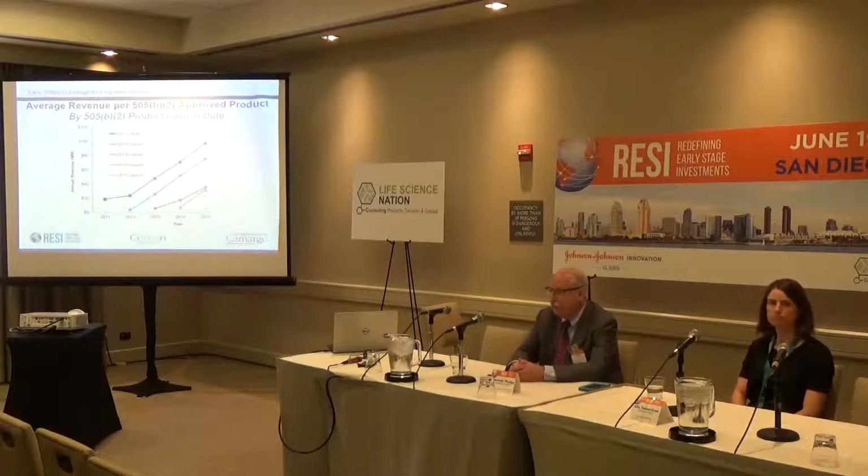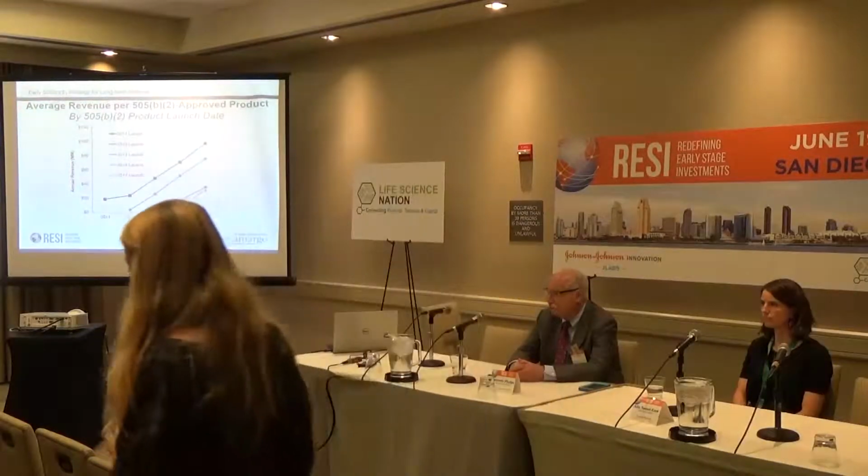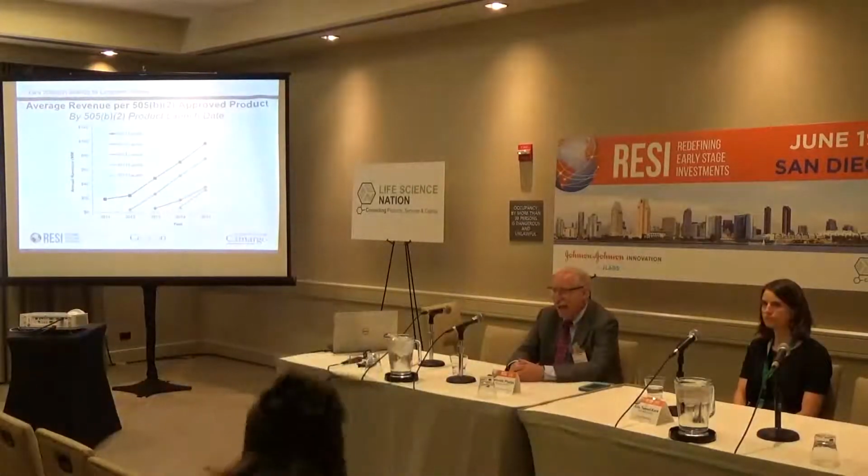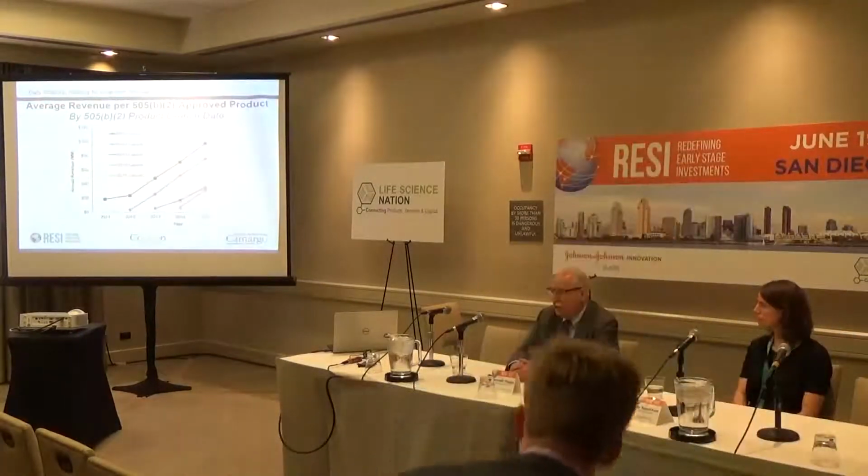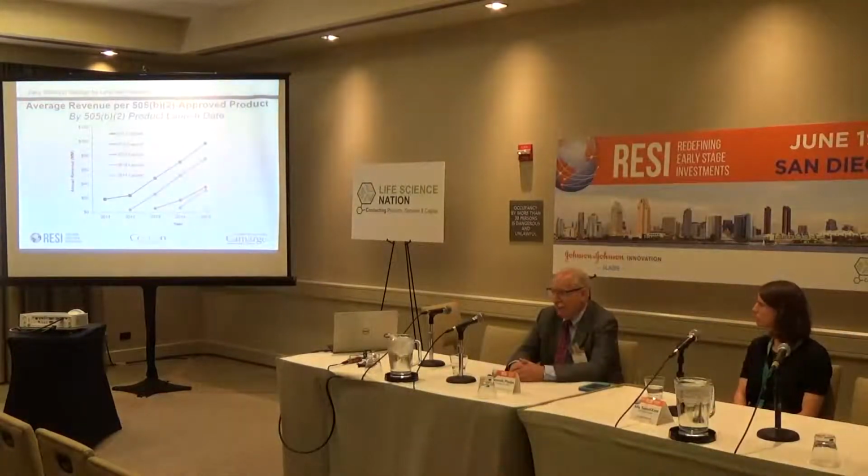Is it common to see revenue increases linear rather than exponential? I'm just curious. Yeah, it's probably kind of unusual, isn't it? I think in 2012 there were probably low 40s number of 505(b)(2)s approved.